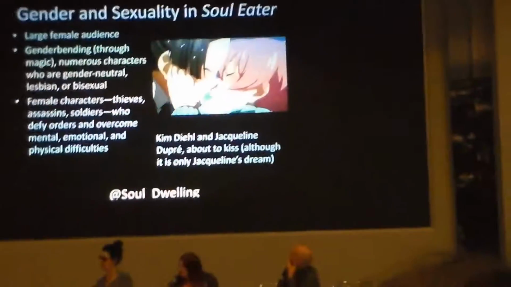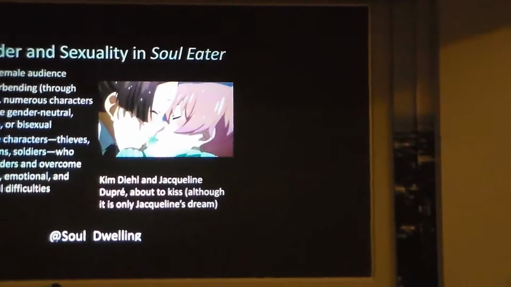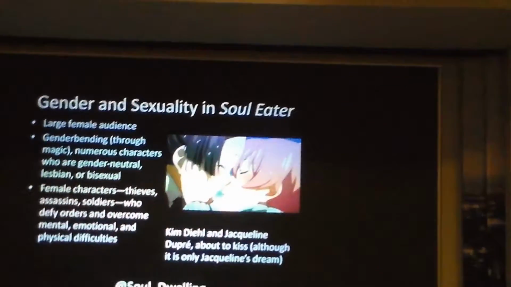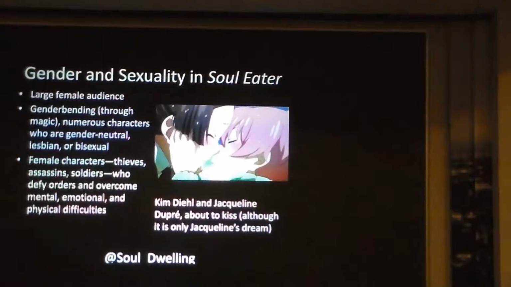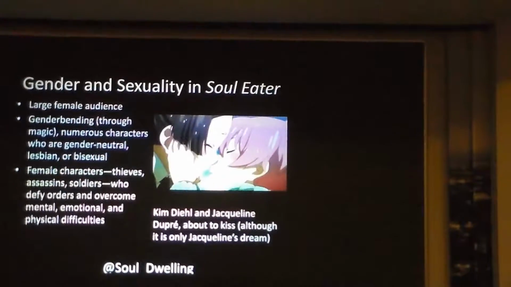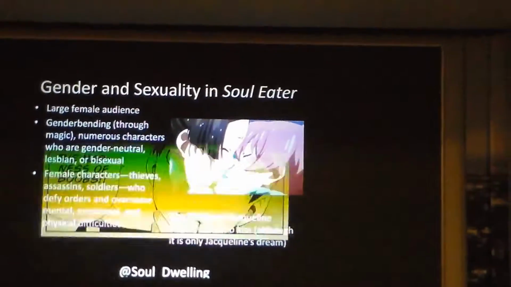That changes when you get to the last chapter of Soul Eater, which is supposed to be a bookend to the very first chapter, which is almost not wall-to-wall fan service, but just frustrating fan service.